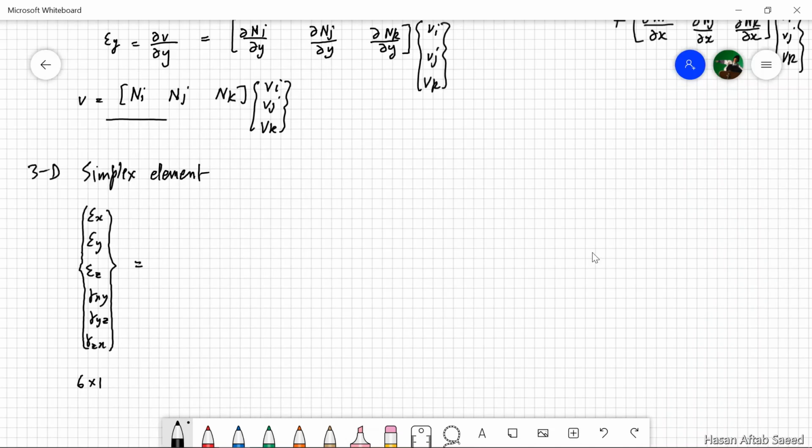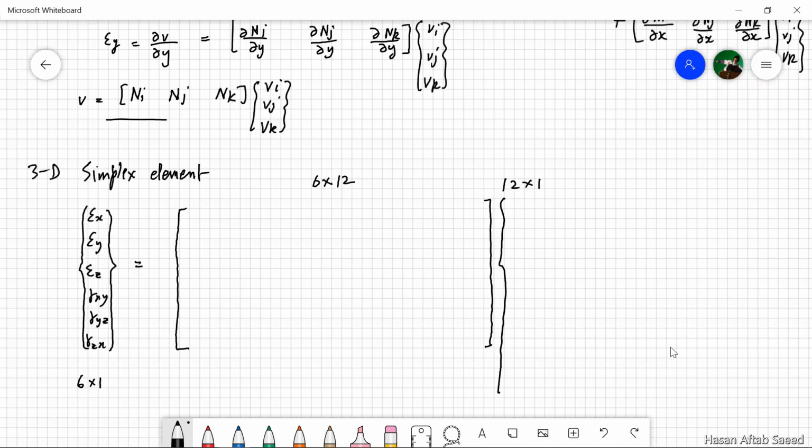On the right hand side, we should expect 12 into 1. That means that the B matrix must be of size 6 into 12, considering that the nodal displacement vector this time should be ui, vi, wi, uj, vj, wj, uk, vk, wk, and ul, vl, wl.